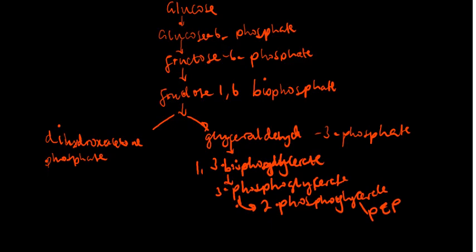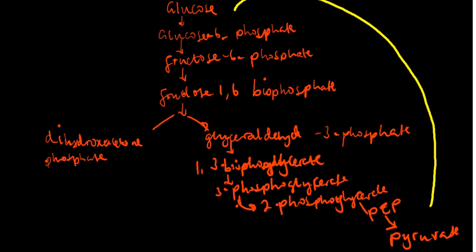Then the last thing that you're going to have is finally the pyruvate. So gluconeogenesis' main aim is to come from pyruvate all the way back to glucose, bypassing all these reactions.